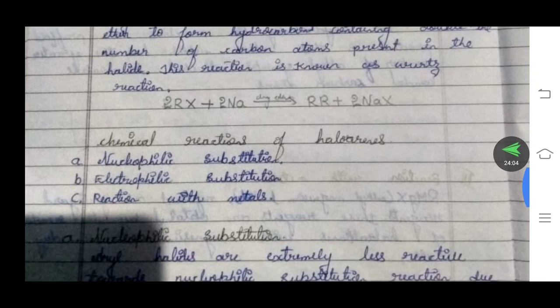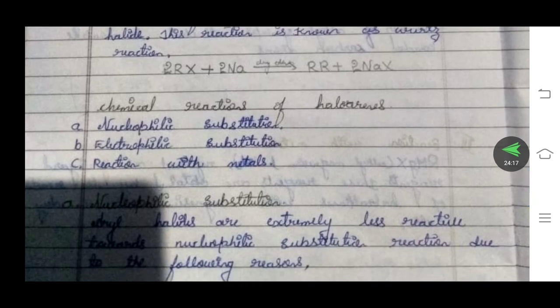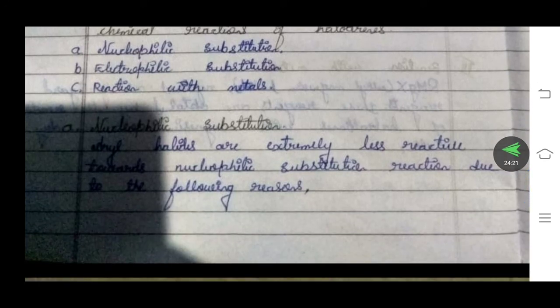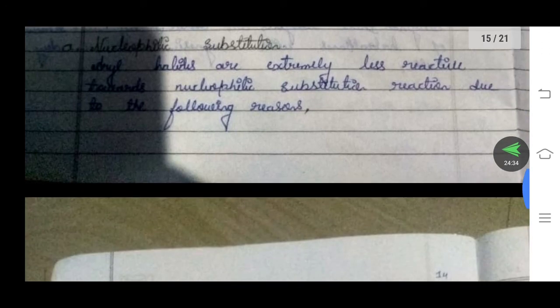Next, chemical reactions of haloarenes: nucleophilic substitution reaction, electrophilic substitution reaction, and reaction with metals. Chemical reactions of haloarenes are classified into three types. First one, nucleophilic substitution reaction. See, aryl halides are extremely less reactive towards nucleophilic substitution reaction due to the following reasons.